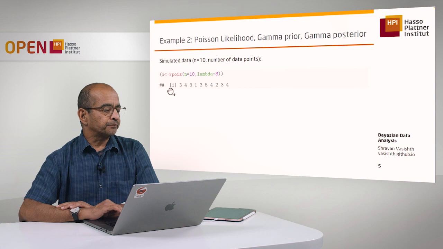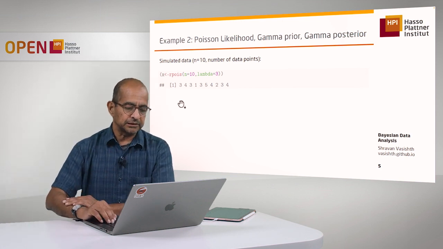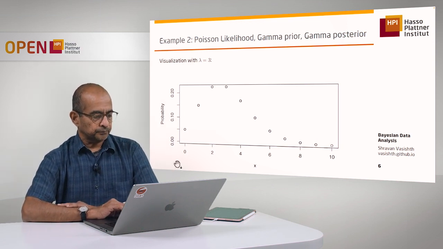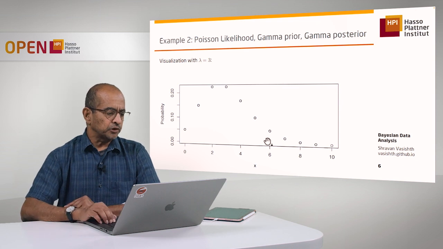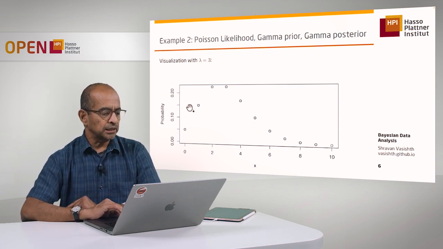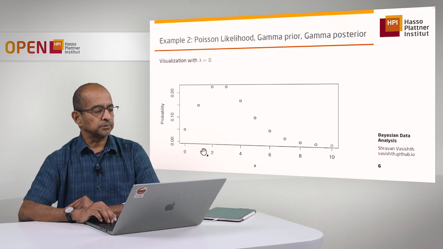So these are the data points that I've generated randomly. This will serve as our data now, okay? So that's an example. These are the 10 data points again. You can see that they have this discrete distribution. So I put the points here because there's nothing between 0 and 1, for example, right? That's why this is a discrete distribution.